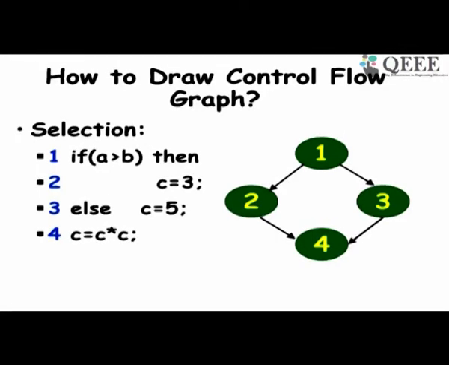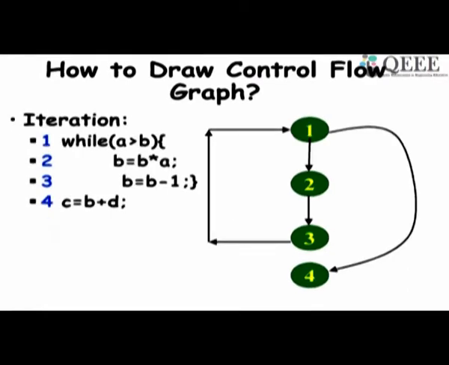So this is the representation for a selection statement, but possibly the more intriguing or confusing type of statement is an iteration statement. While a greater than b, b equal to b into a, b equal to b minus 1, and c equal to b plus d. How do we draw this?